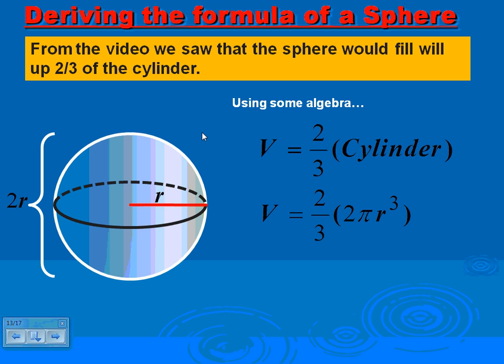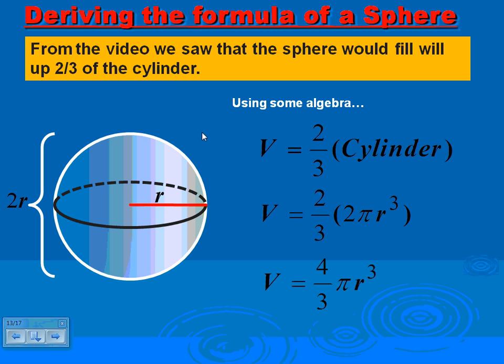So if we actually multiply this out and try to simplify this, the volume of the sphere is simply 4/3 pi r cubed. And guess what, guys? That's the volume formula of a sphere. 4/3 pi r cubed. How do we get that? We know that the volume of a cylinder is 2 pi r cubed.